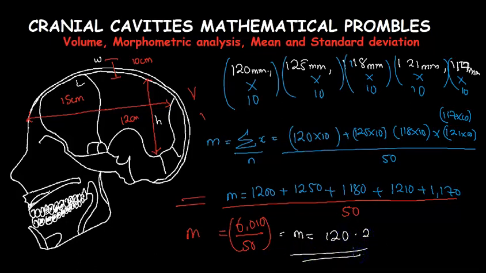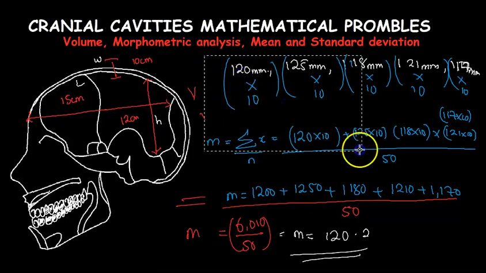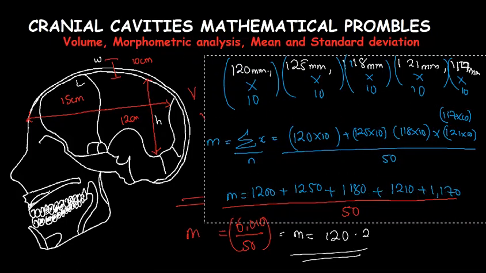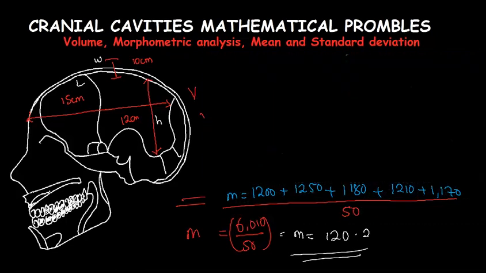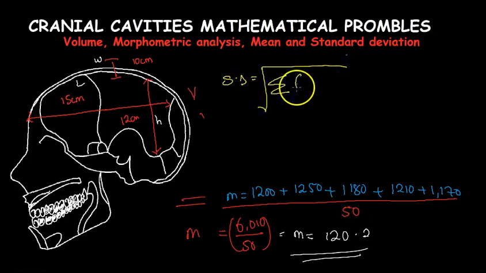So the next thing we need to do at this point is to find our standard deviation. What is the formula for us to find our standard deviation? The formula is simply going to be, let's say standard deviation SD is going to be the square root of the summation of xi minus x bar to the power of 2, divided by n.